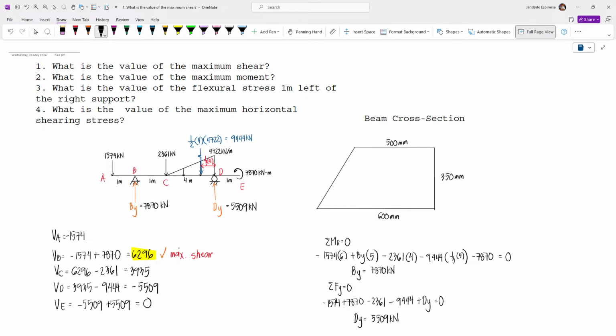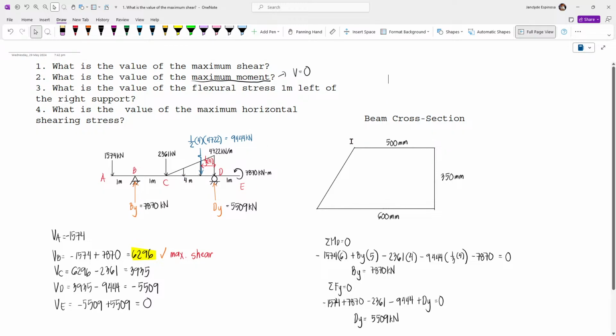Moment equation na lang. But first, since ang gipangutana naman ng maximum moment, di ba, the maximum moment occurs when the shear is 0. So we need to know the location where ang shear 0. Kaya kung asa mo 0 ang shear, dira mo maximum ang moment. Now sir, unsaan mo pag-assume? Ato sa i-try.